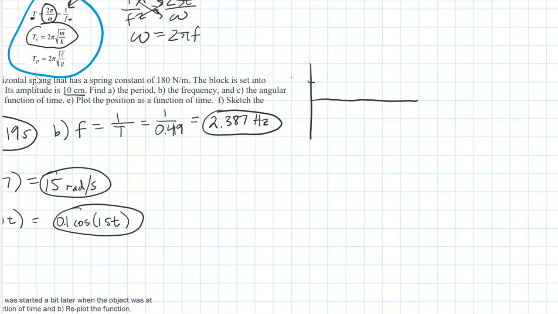So I'm going to label that as 0.1, and the absolute minimum value it'll get to is negative 0.1. And I also know that my period is 0.419 seconds, which I'll just round down to 0.4, so it's a little bit easier to draw. So that means I know it has to do one full cycle, so return to its original position in around 0.4 seconds.